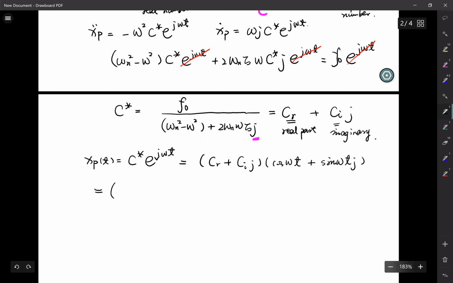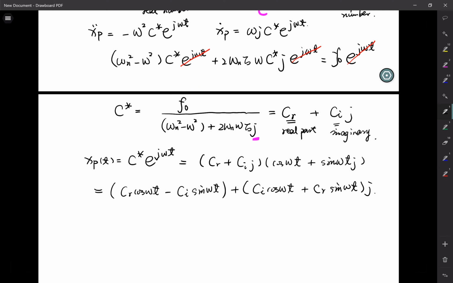You would have your real part is C_R cosine omega t minus C_I sine omega t, plus C_I cosine omega t plus C_R sine omega t. That's your imaginary part. So that's your X_P.